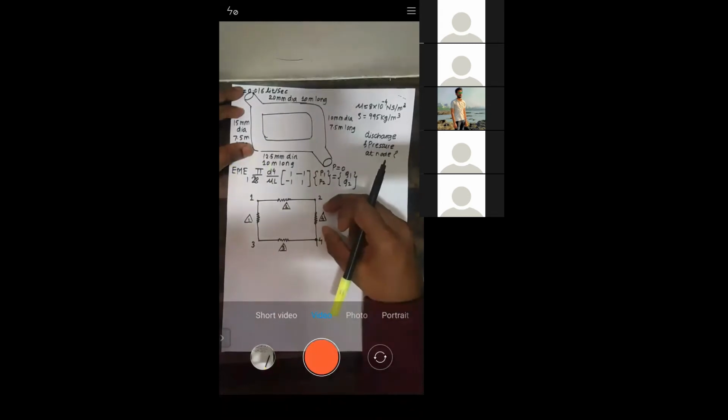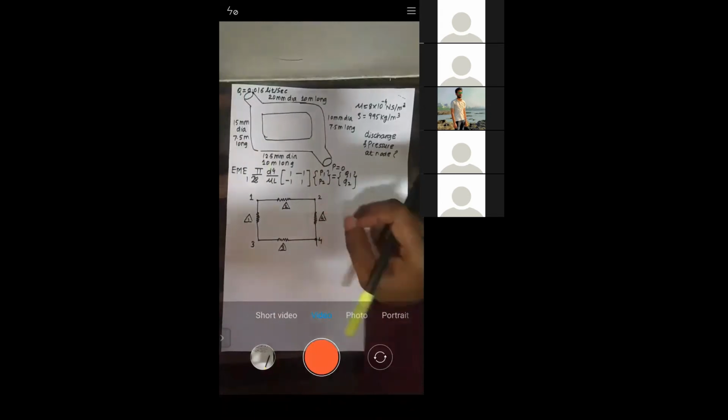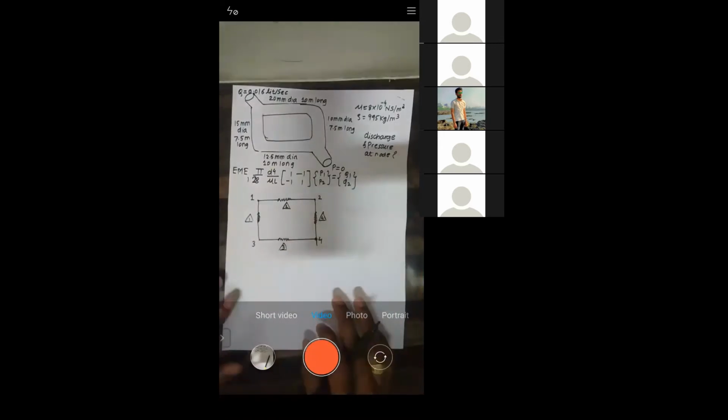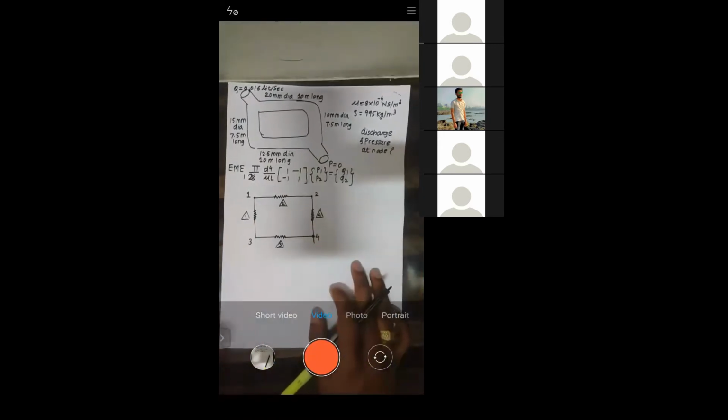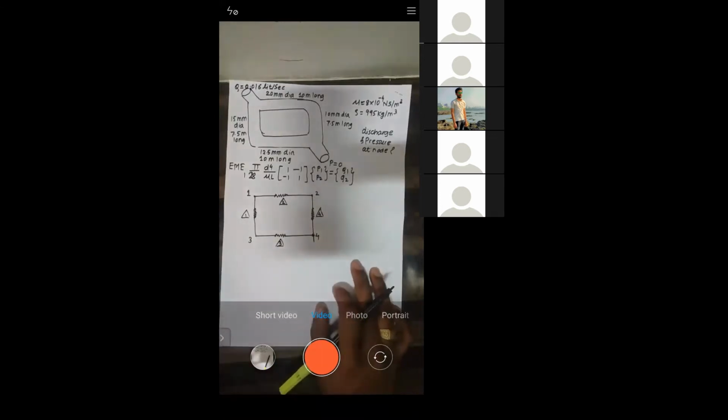So a node is the point where elements are connected. This is all about assigning the nodes and the elements. Getting or not? Yes, sir.